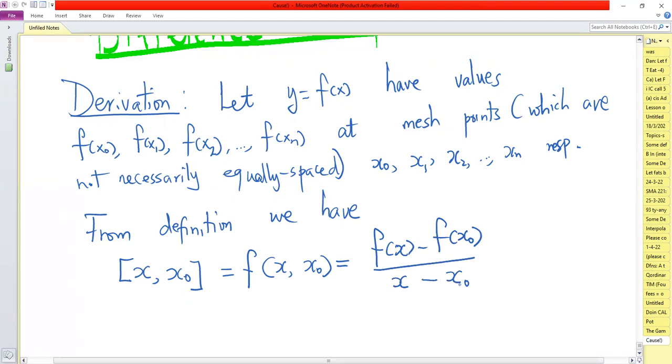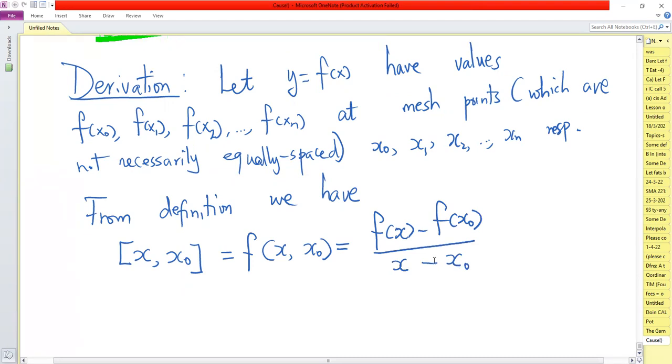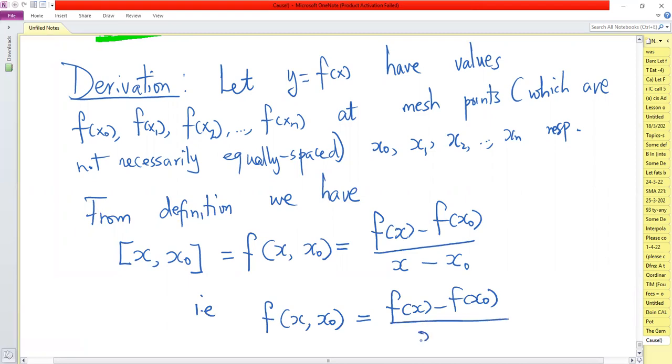So this is just from definition. If we pick this notation, f x comma x0, to define the first divided difference of the argument x and x0, we have f of x minus f of x0 divided by x minus x0.